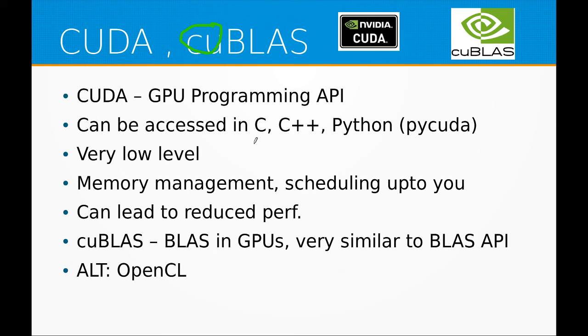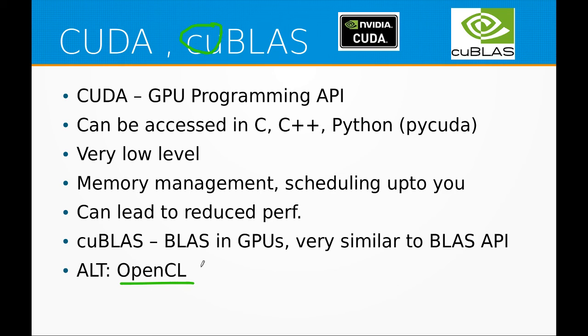And if you're not really into this proprietary thing and not really wanting to stick to only NVIDIA because you feel it's like a monopoly, there is another alternative called OpenCL, which is in development, and it works on both AMD and NVIDIA and other graphics cards available.